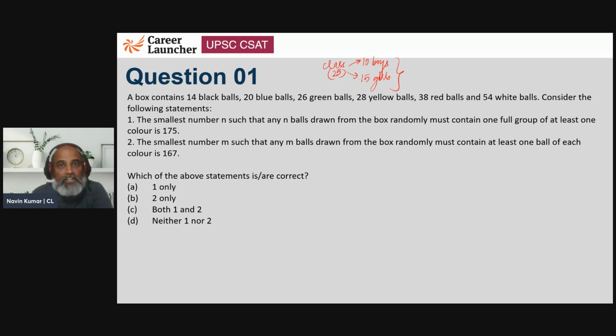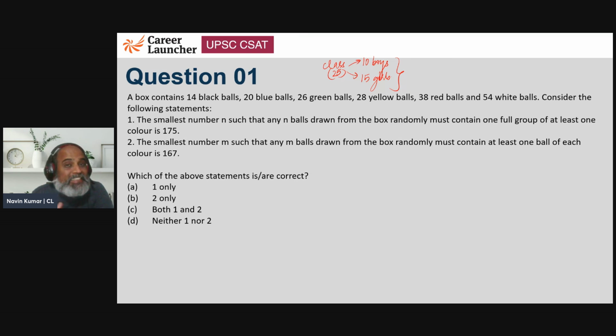Not necessary. Similarly, if I pick 5 roll numbers, if we are completely unlucky, is it a surety that there is going to be a boy in those 5 roll numbers? Not sure. Maybe, maybe not, right? So we will only say yes when we are sure about it. Worst case scenario, even if I pick 15 students from the class, there still may not be even a boy in that group, right?